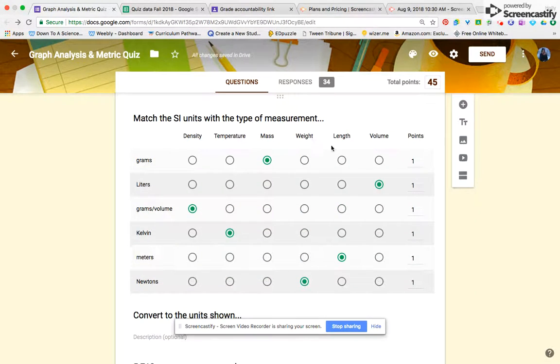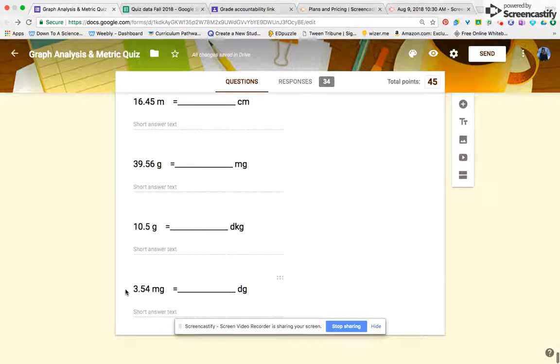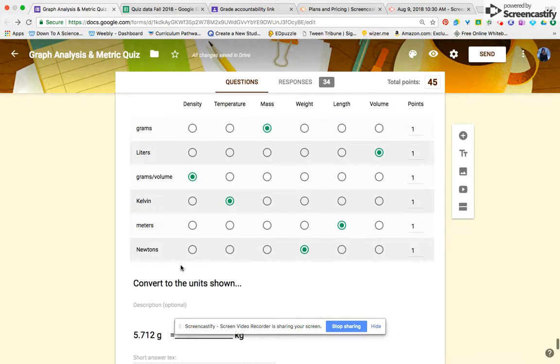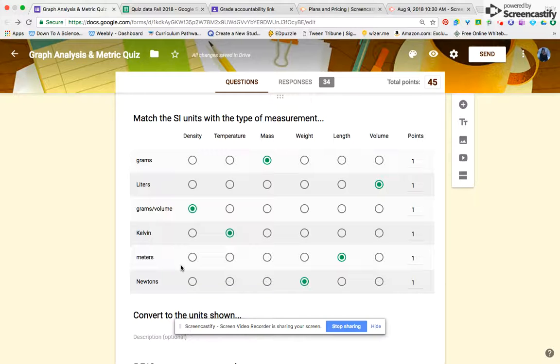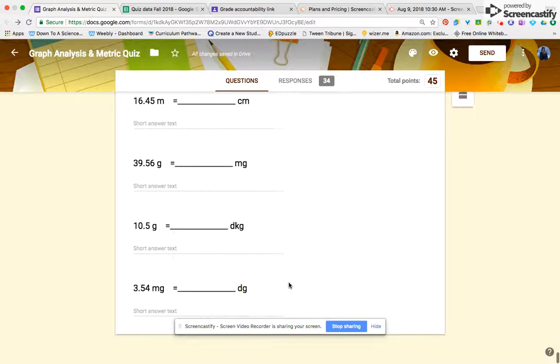Again, this was one that a lot of people got wrong, and it was really just confusion on the units for mass, which is here, volume, density, and weight. So make sure you know those, what units go with what measurement type. Okay, so I hope this was helpful. Let me know if I needed to go over anything further.